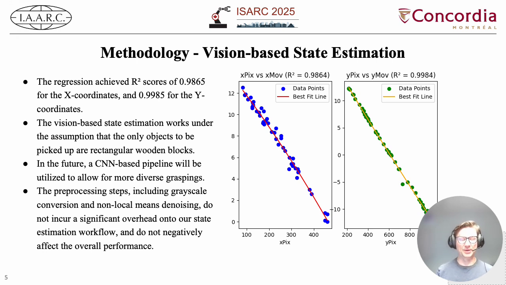Obviously, we would like that to become more generalized, based on the name of our paper. So in the future, instead of using this method, we would use a CNN-based method to achieve this goal. We also did some pre-processing to make computation a little bit faster, but thankfully this does not affect overall performance.